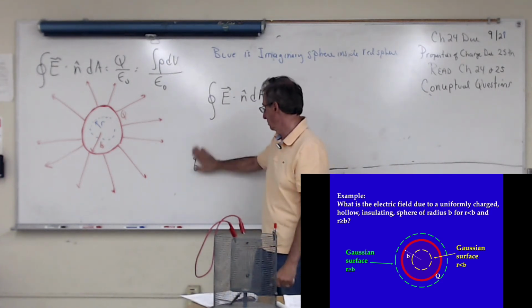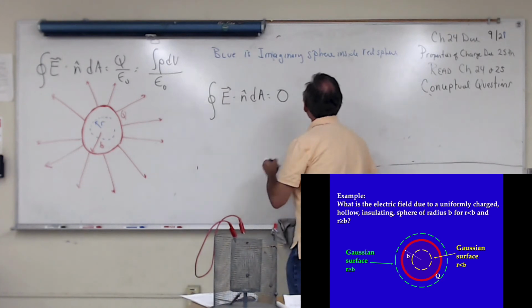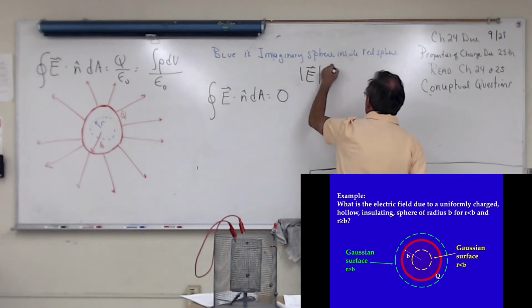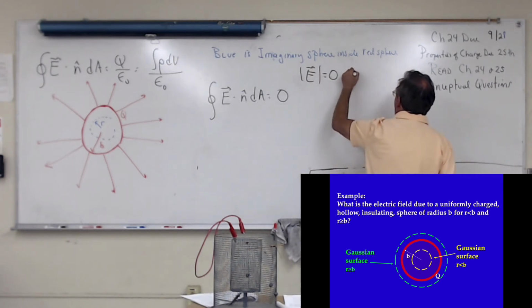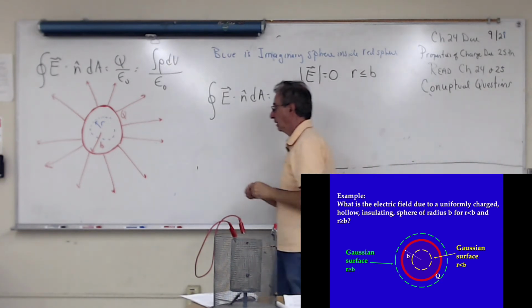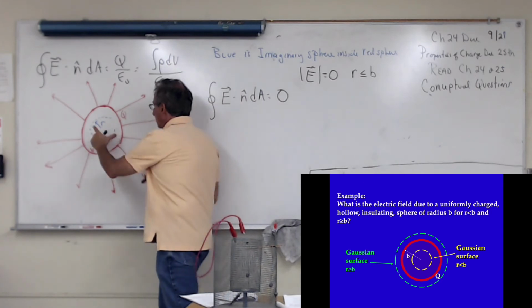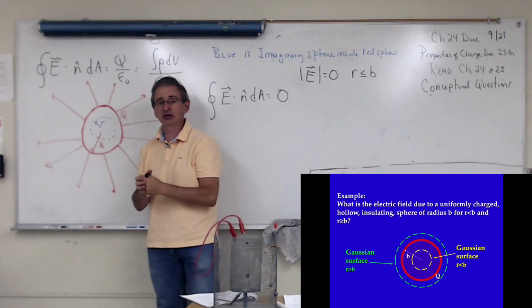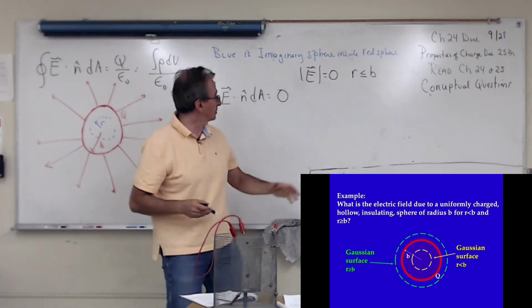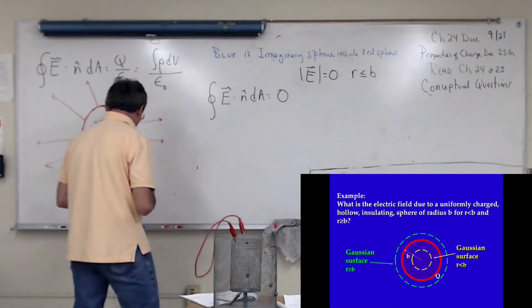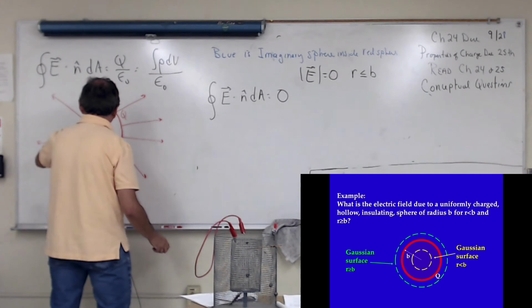Okay, so E equals 0 for all distances less than or equal to B. For any Gaussian surface of radius R that's less than B, that integral is going to be 0. There's no field inside. So now let's draw outside. We go outside it.